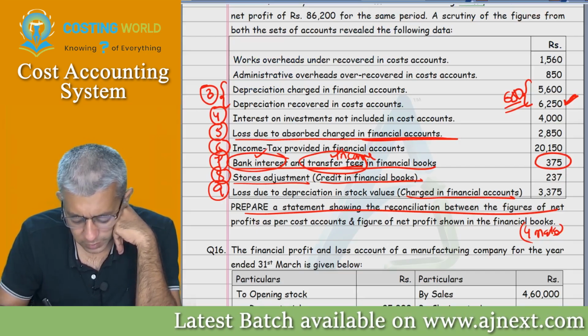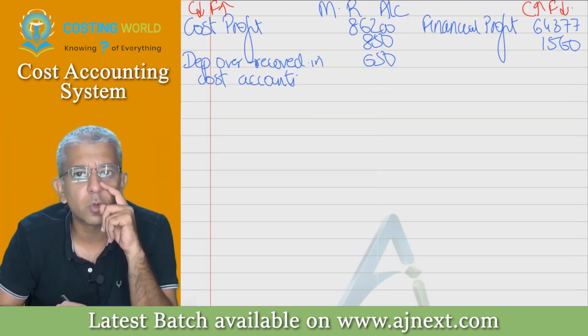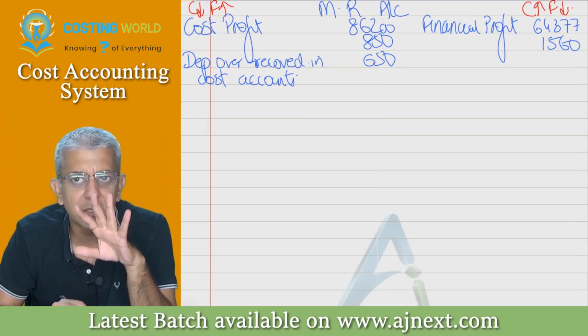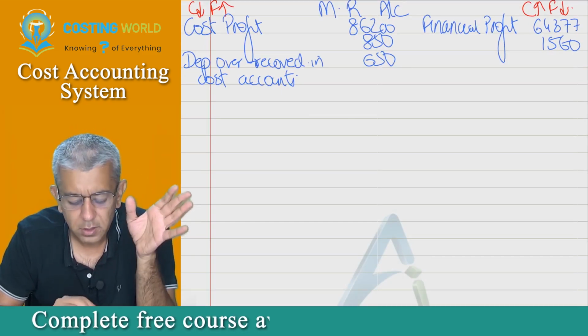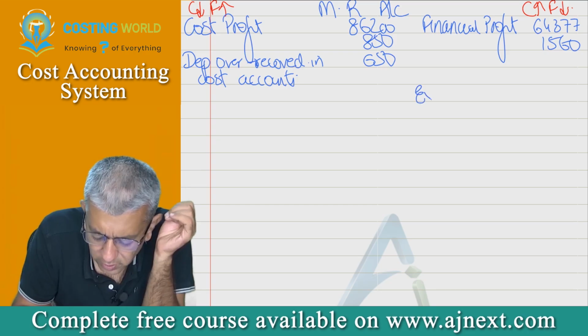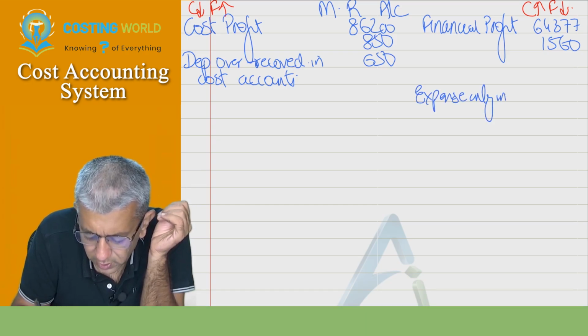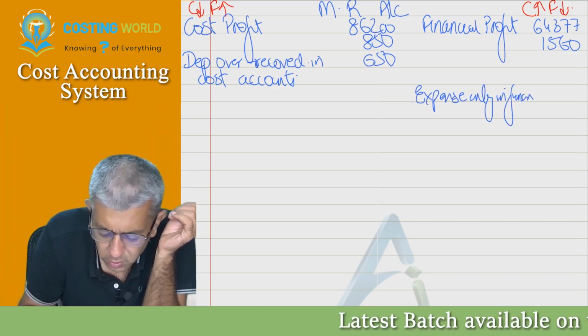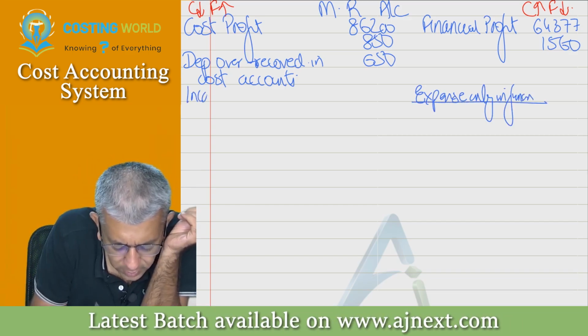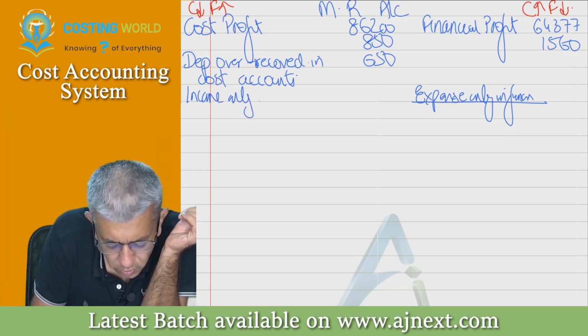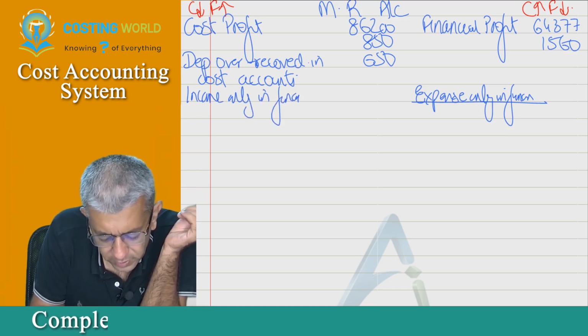Now, let's do one thing. Tell me expenses only in financial will come on the credit side or on the debit side? Credit, no? So give the heading over here, expense only in financial. On the debit side you write income only in financial.